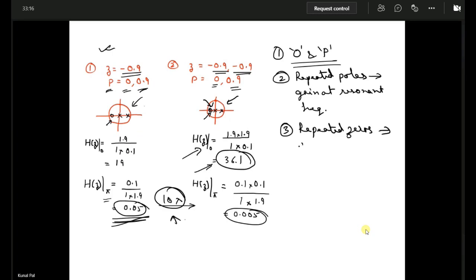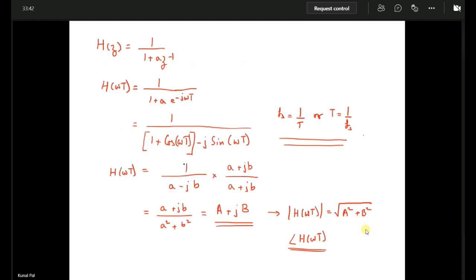The gain at the resonant frequency is affected the most, but the gain at the other frequencies is also being affected. In this case, if you see, there has been an increase in the gain.